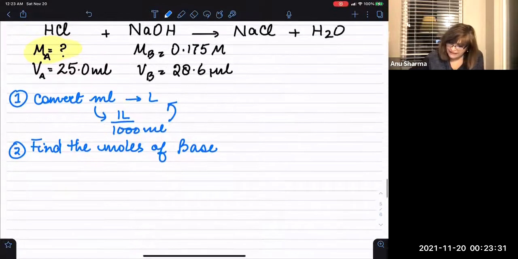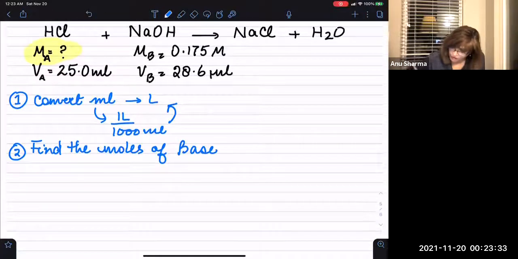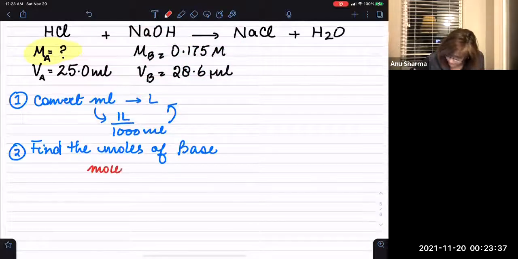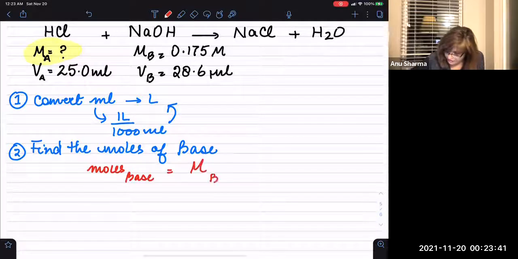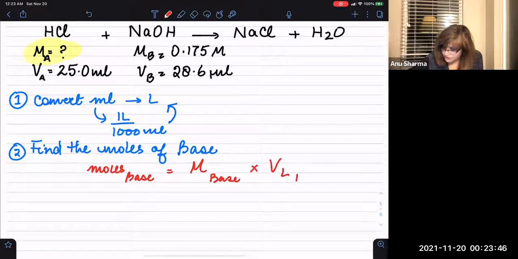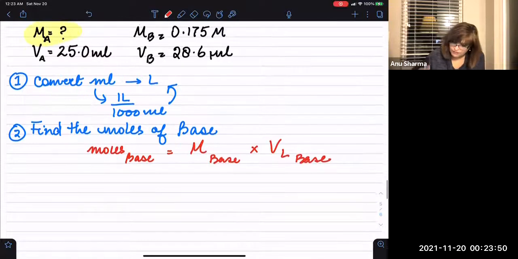Okay, how do you find that? The formula that you're going to use is moles of the base is equal to the molarity of the base times the volume in liters of the base. That gives you the moles of the base.